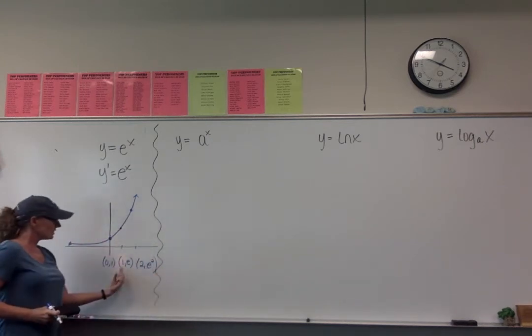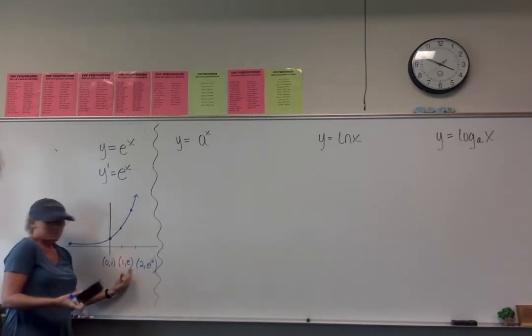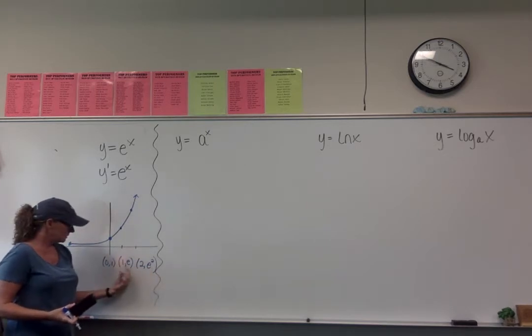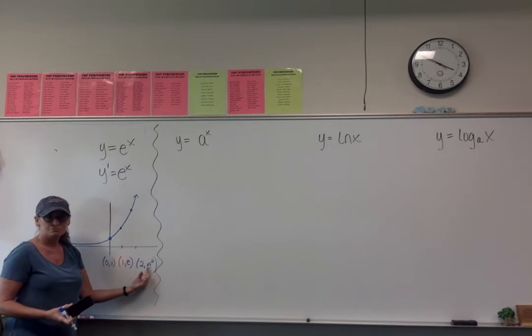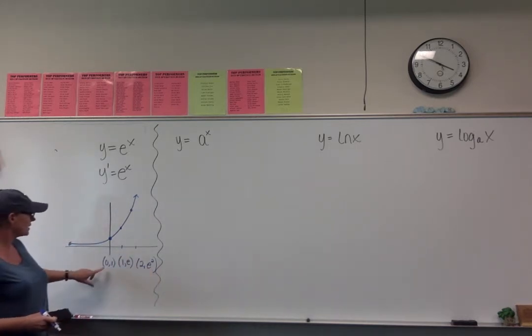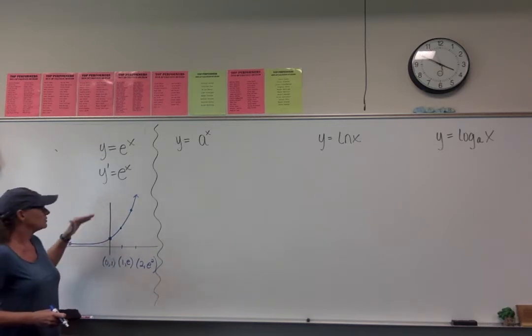Right? So this is like 1 comma 2.7-ish. This is like 2 comma, whatever e squared is. Okay? So you got x values and y values on this function.